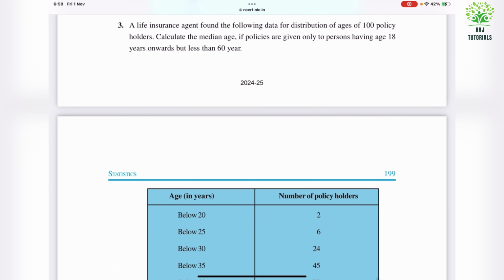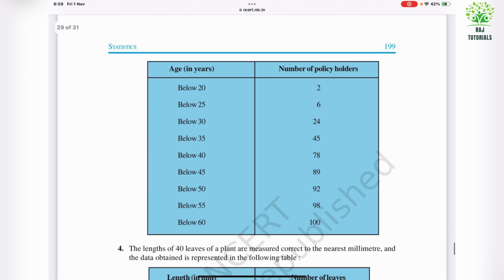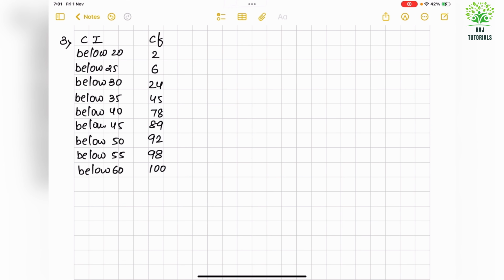The third question says a life insurance agent found the following data for distribution of age of 100 policy holders. Calculate the median age if policies are given only to persons having age 18 years onwards but less than 60 years. So this is the data. Now it was told that the policies are given from 18 to 60.